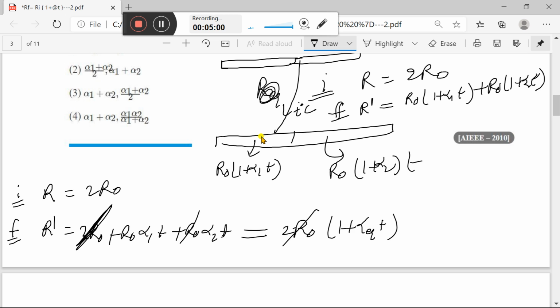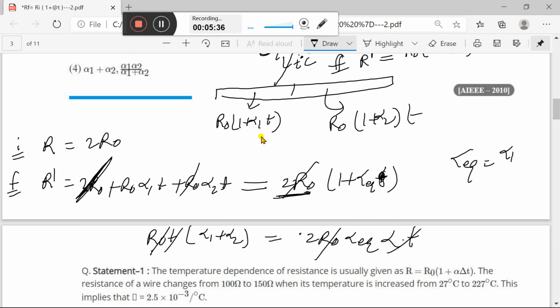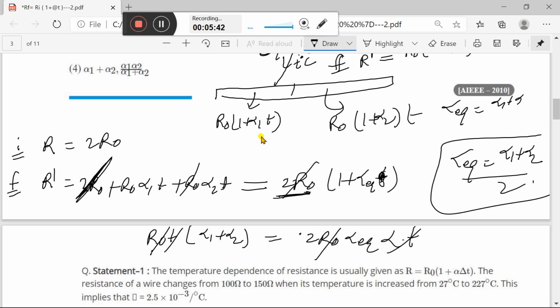Taking R naught common, alpha 1 plus alpha 2 comes out to be 2 R naught alpha equivalent into T. So R naught gets cancelled, T gets cancelled, so alpha equivalent is (alpha 1 plus alpha 2) by 2. In a similar manner for series, this also comes out to be (alpha 1 plus alpha 2) over 2.